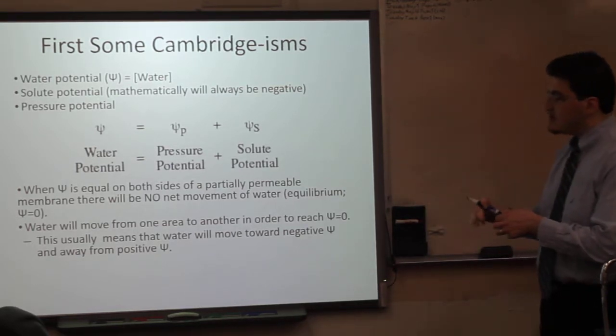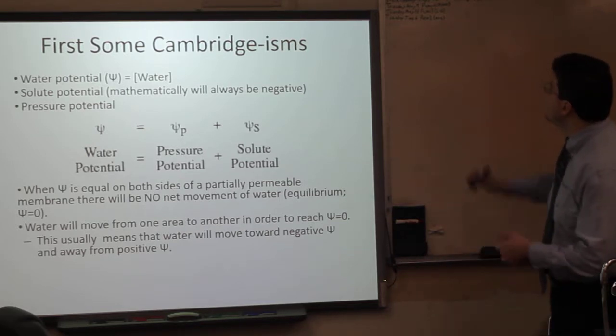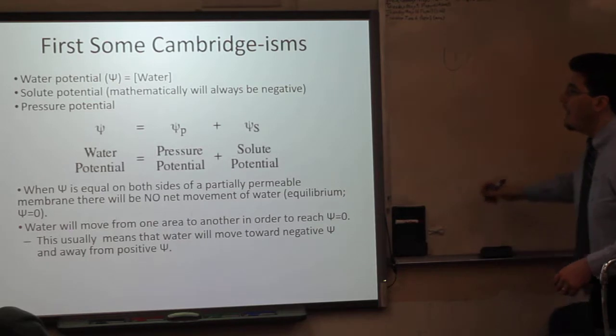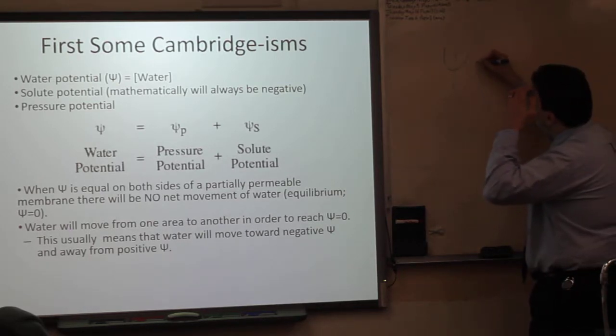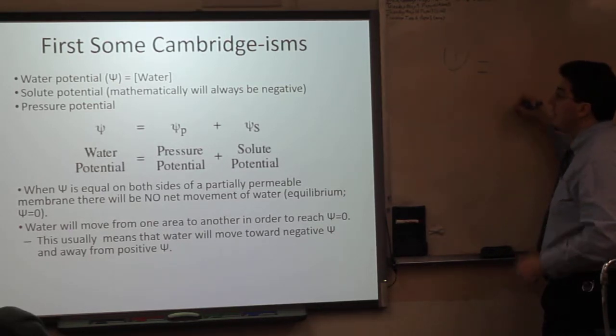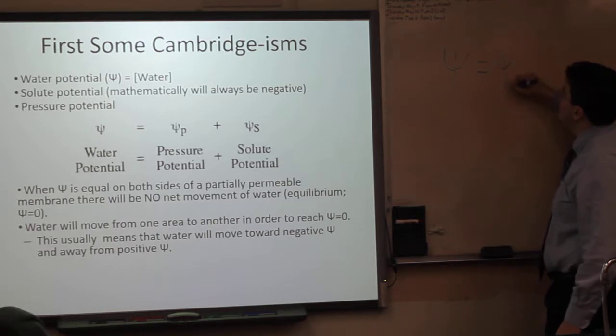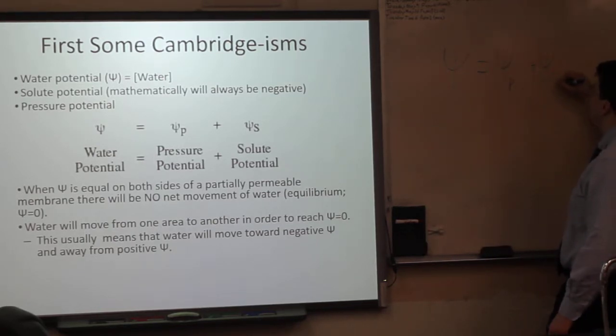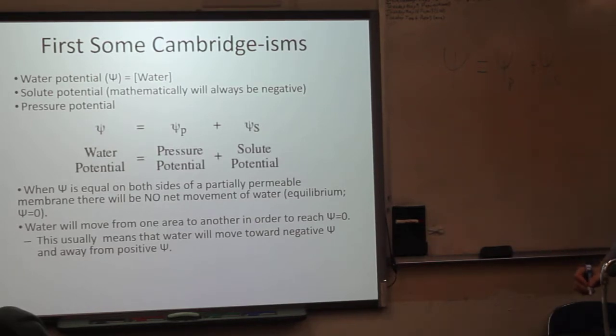So water potential is the concentration of water, as we discussed before. That's water potential overall, psi. That is actually equal to pressure potential, psi p, plus solute potential, psi s. Now, solute potential is always going to be a negative number.